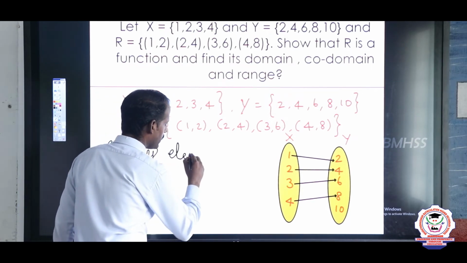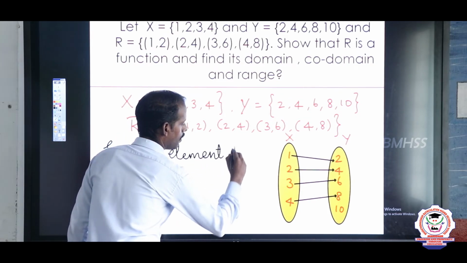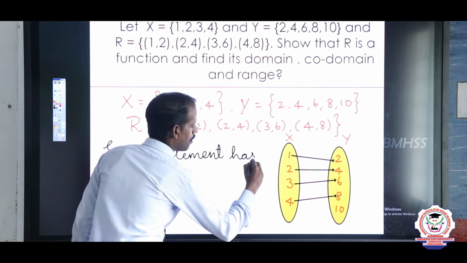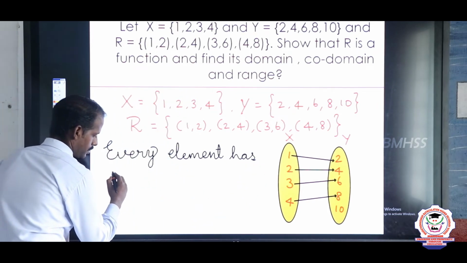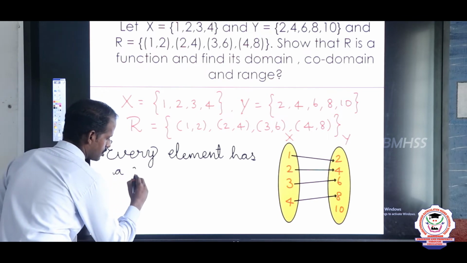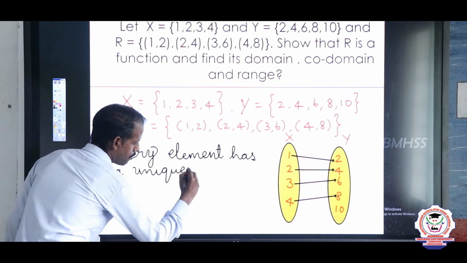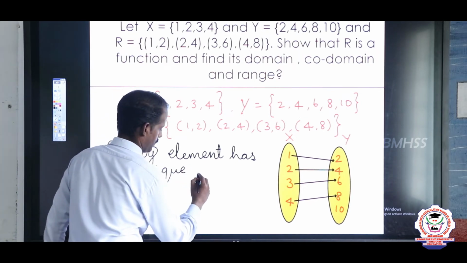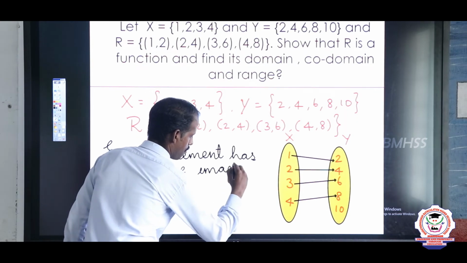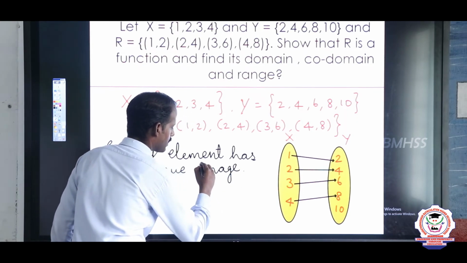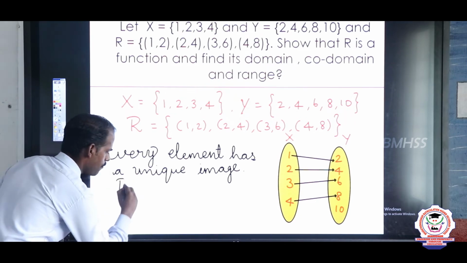Every element has a unique image. Therefore R is a function.